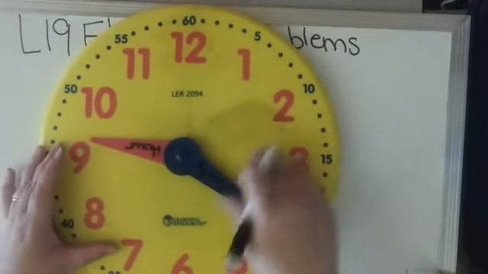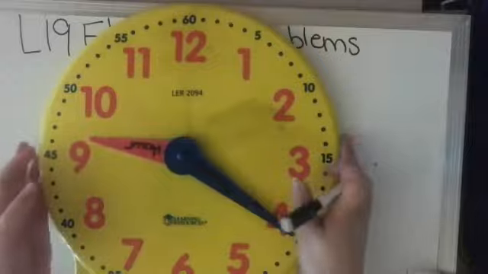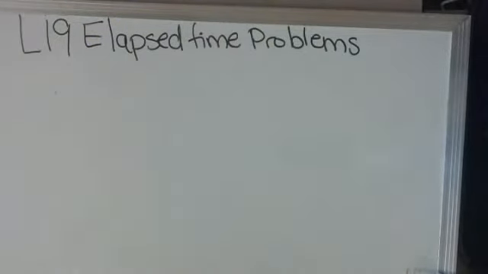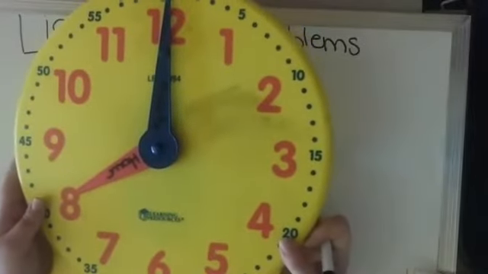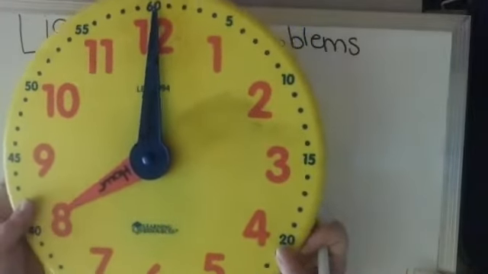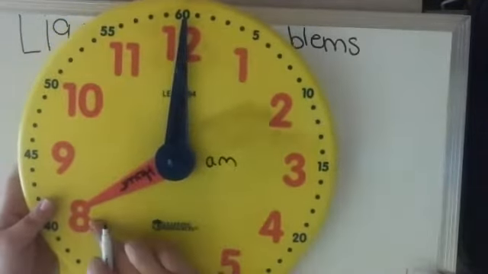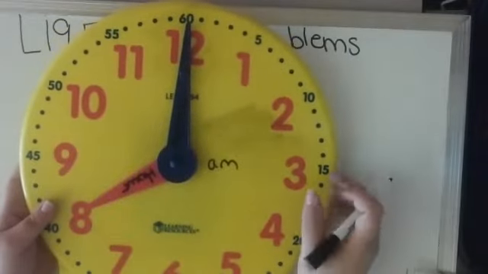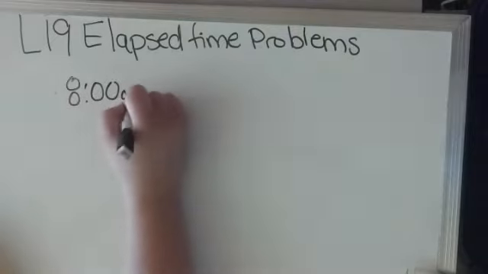Okay, so if you are being asked to find the difference between 2 different times, one of the questions shows you 2 different times. It shows you this time: 8 o'clock, and this is 8 AM, in the morning. Hour hand at the 8, minute hand at the 12. It is 8 o'clock, so that's going to be our start, 8 AM.